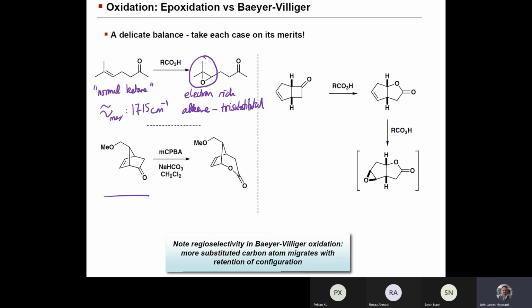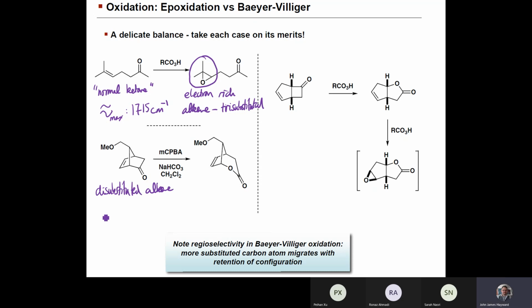The alkene is particularly good for epoxidation, and there is nothing special about the ketone. So the alkene is what reacts. Now, let's look at our second substrate. Now we have a di-substituted alkene, so the alkene is less reactive than it was when it was tri-substituted.